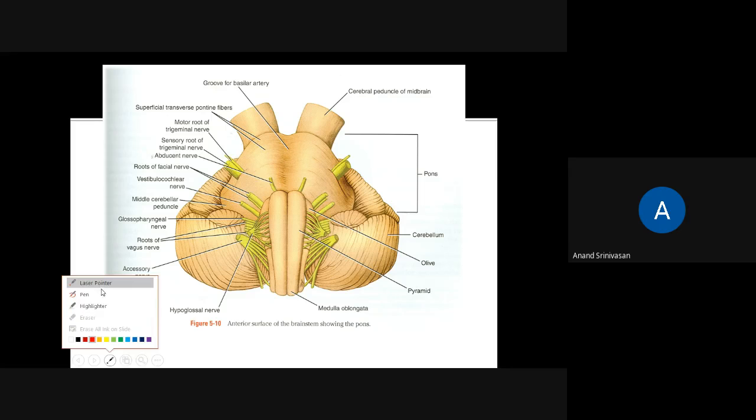Here you can see the cerebellum. The pons is connected to the cerebellum by the middle cerebellar peduncle. The next structure, here you can see there is a nerve.